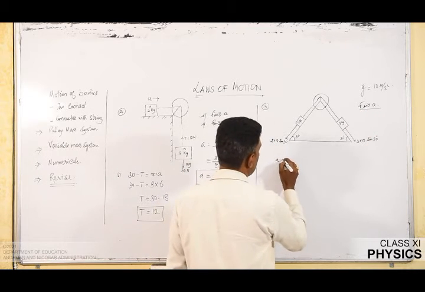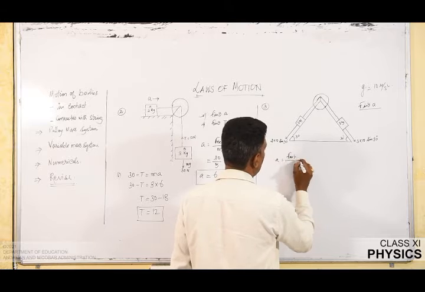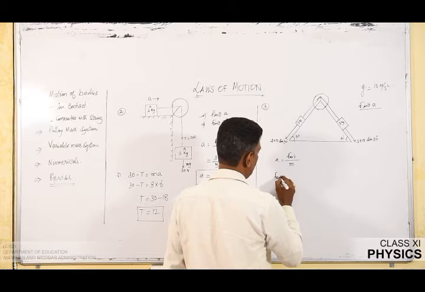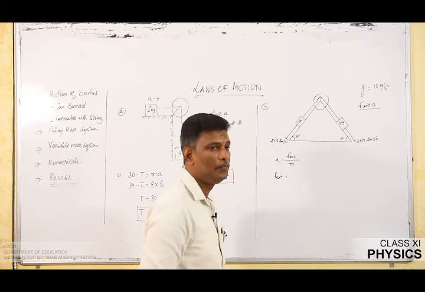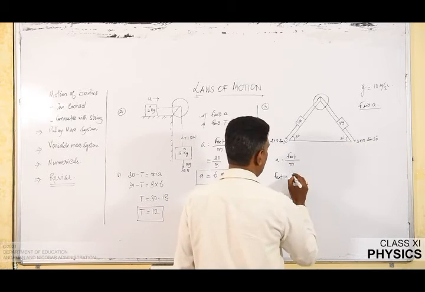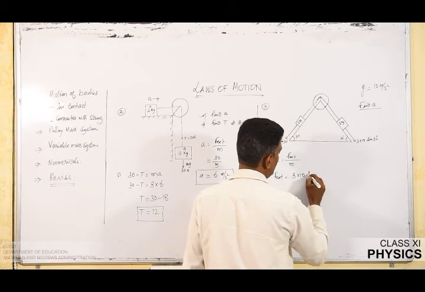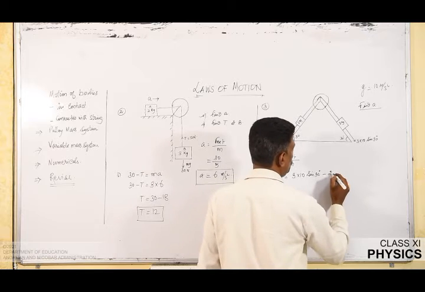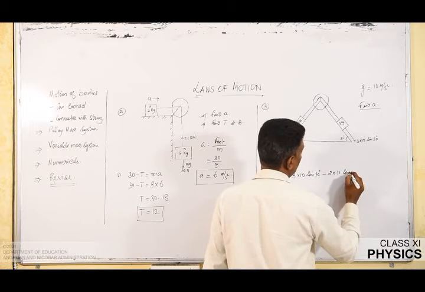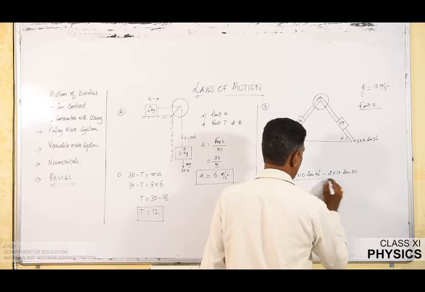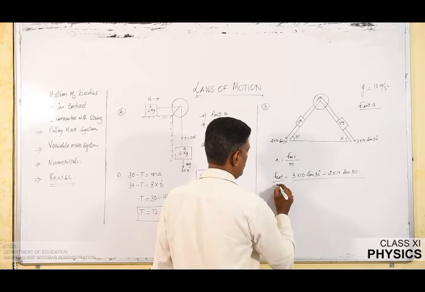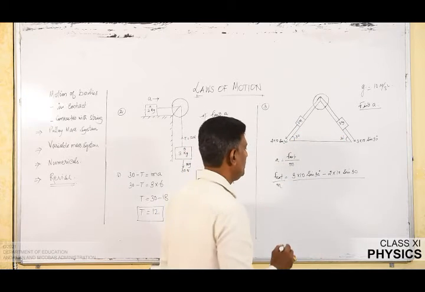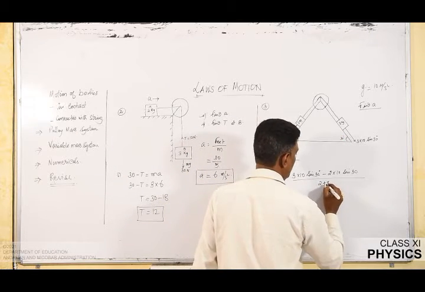Acceleration is equal to F external by mass. So what is F external here? It is 3 into 10 sin 30 degree minus 2 into 10 sin 30 degree, divided by total mass, 2 kg plus 3 kg.